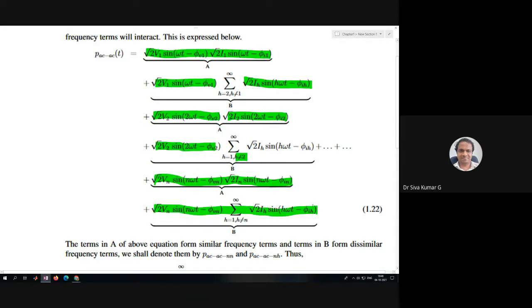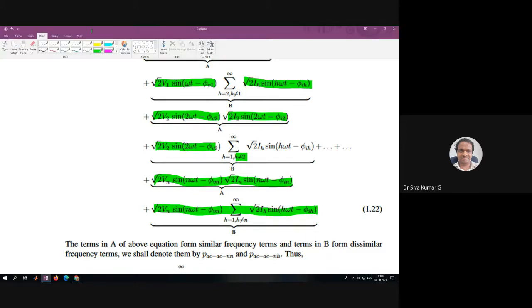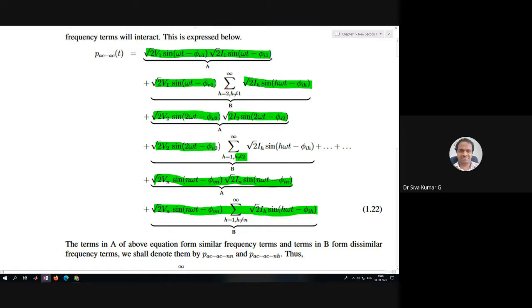Here, this equation A are all the similar frequency components, whereas this equation B are all the dissimilar frequency terms.